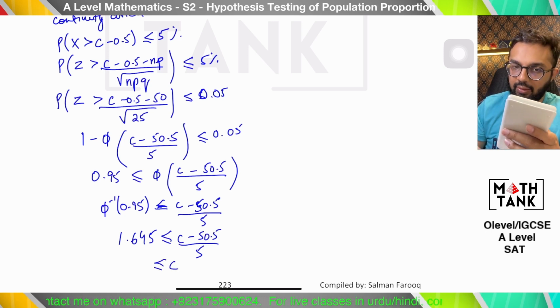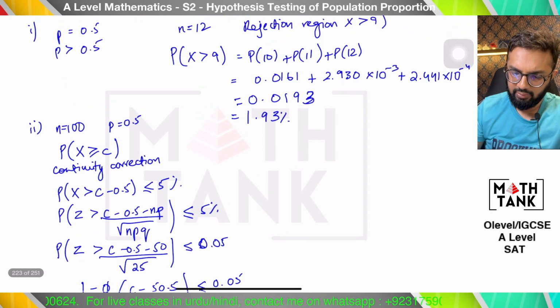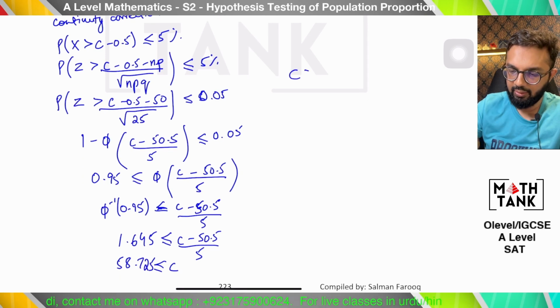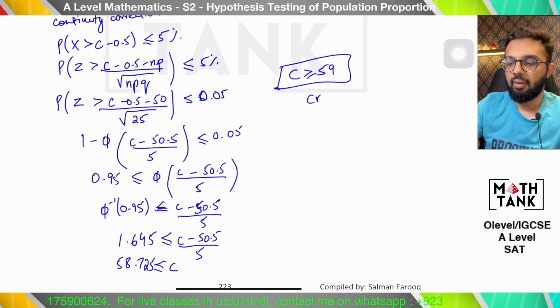C is greater than or equals to 58.725. So yeah, C is greater than or equals to 59 should be my critical region. X is greater than or equals to 59.